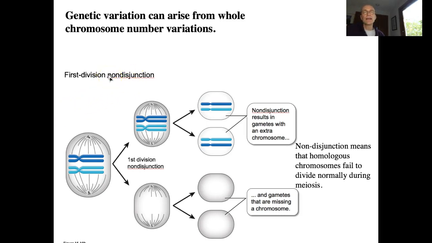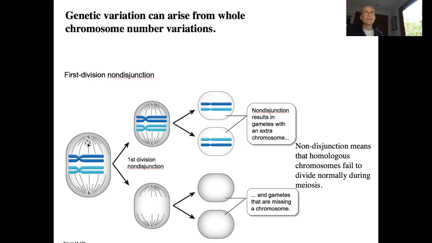This is something that happens when something goes awry. Think about meiosis, the pairing of the homologs. When the spindle fibers attach, maybe one of these spindle fibers attaches over here rather than at the centromere. That can happen, but usually shouldn't. There is a checkpoint that makes sure that is not the case.